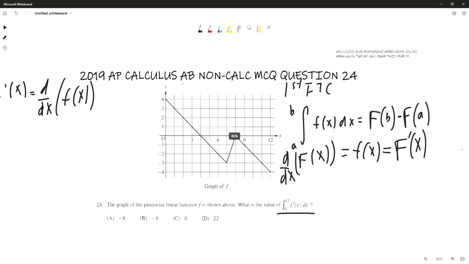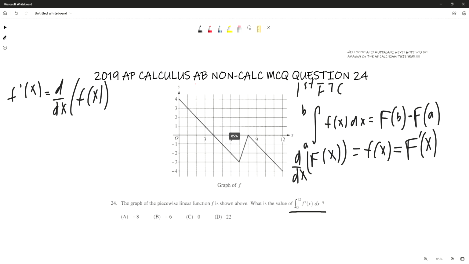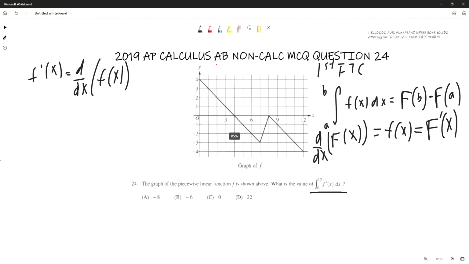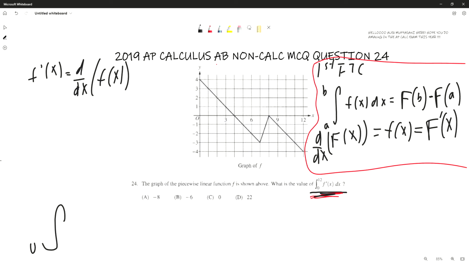So utilizing the first fundamental theorem of calculus, we can find out the answer to this expression right here. So let me just circle this. Let's rewrite this expression: the integral from 0 to 12 of the derivative, or f prime of x dx equals, that is the value we are supposed to find to solve this problem.